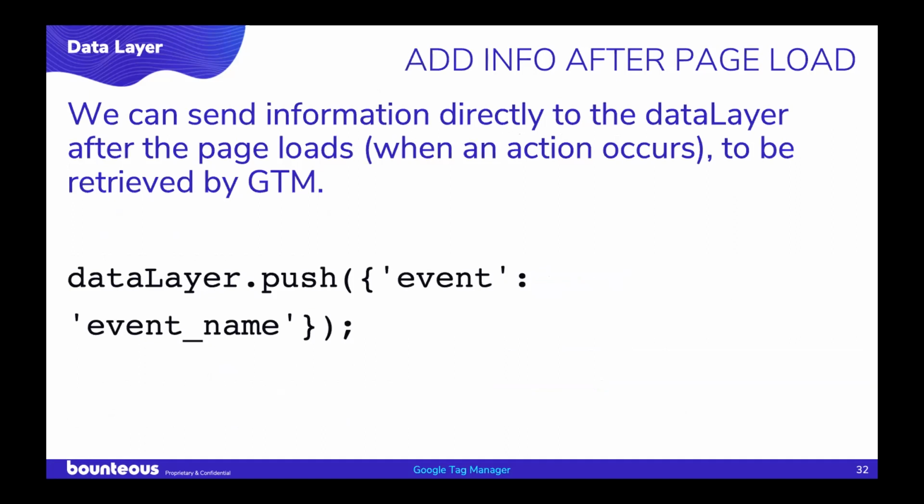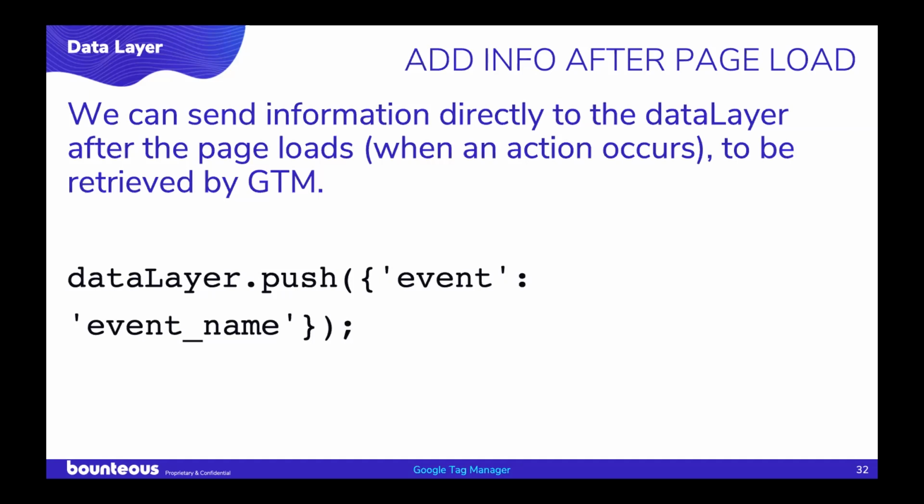Okay, so we talked about the basic flow here. All right, there is a data layer module in Drupal 7. Thanks, Gwen. So we talked about the basic flow of getting data into Google Tag Manager for the initial page load.